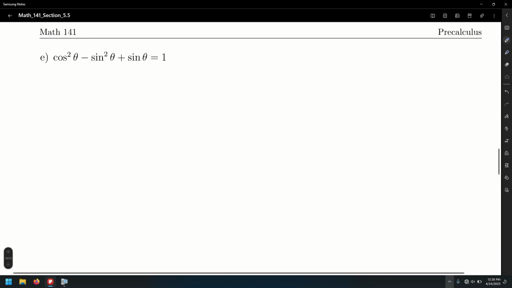What do I mean by that? Every time we solve trigonometric equations, number one, these equations have to be in terms of only one type of function, preferably either all cosines or all sines, or all tangents, etc. That's number one.